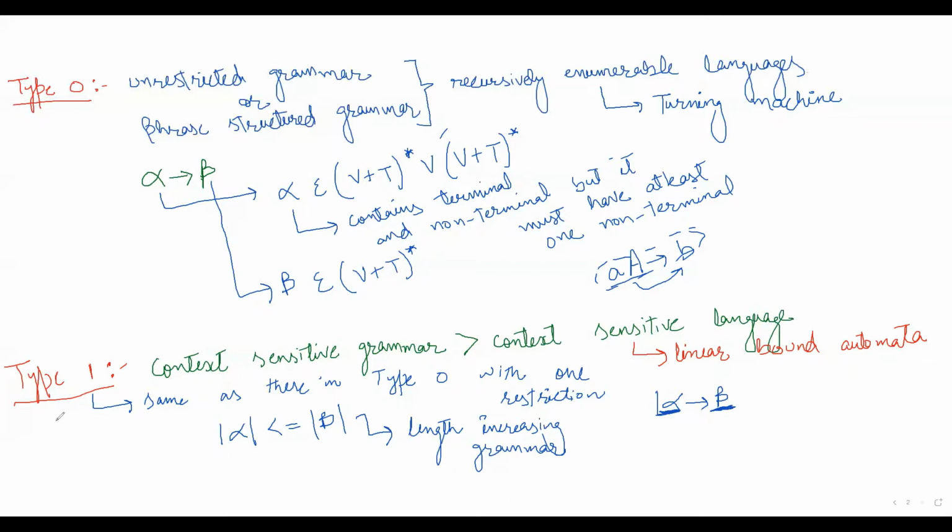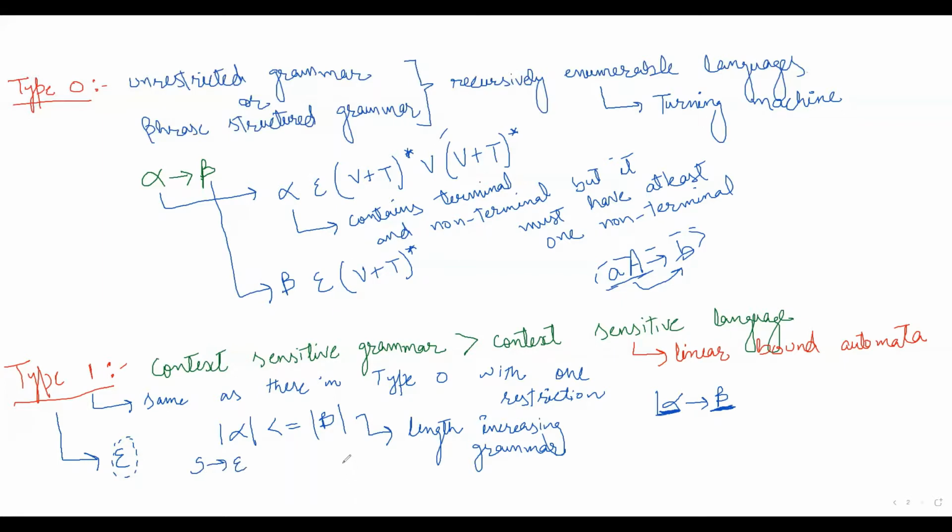So you can see that in type 1 grammar, there cannot be epsilon. Okay, so we cannot generate epsilon. Why can we not generate epsilon? For example, epsilon can be generated if we have a production rule like this. S gives epsilon.